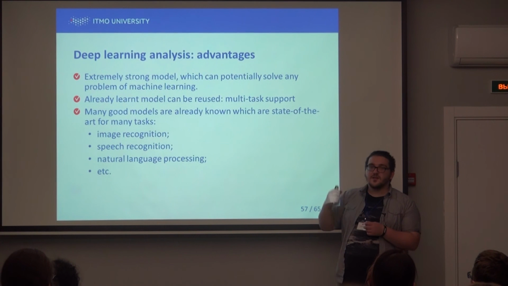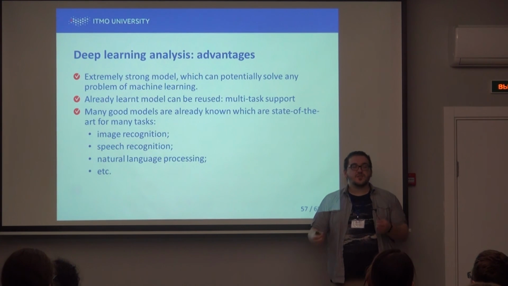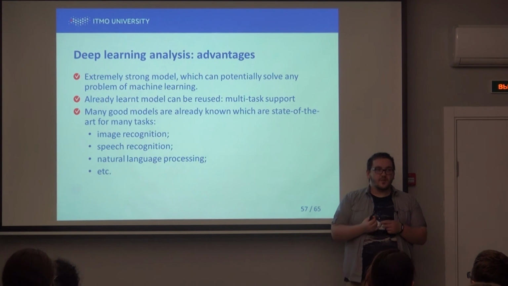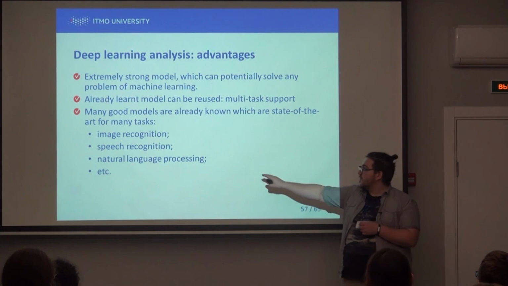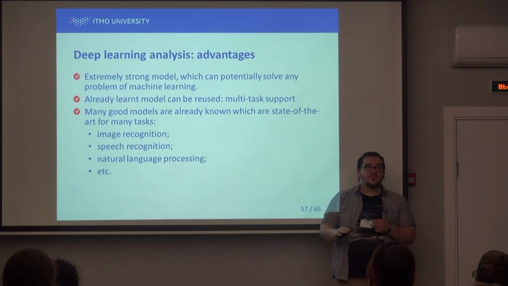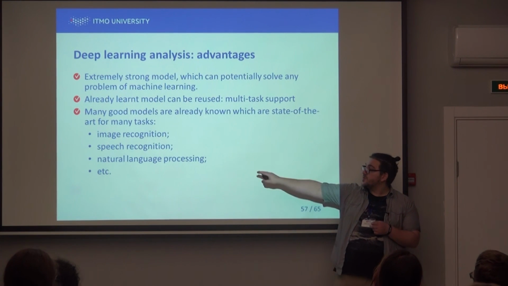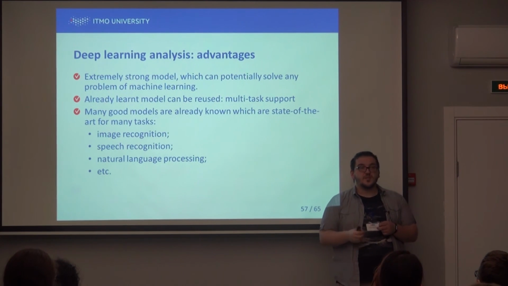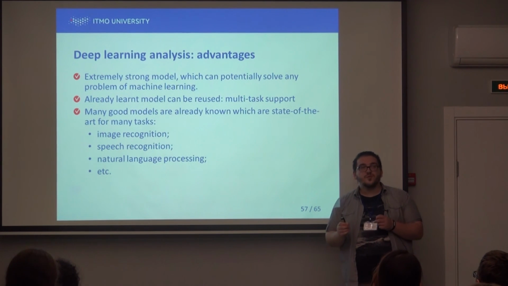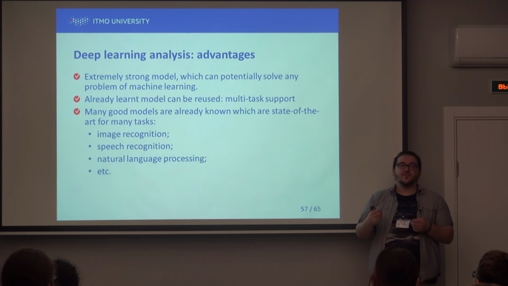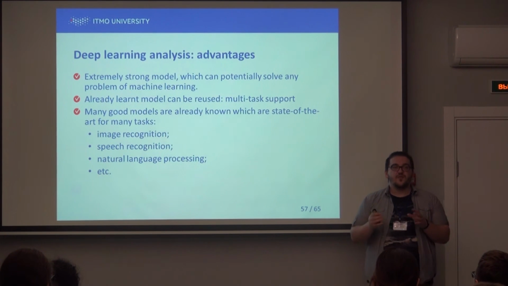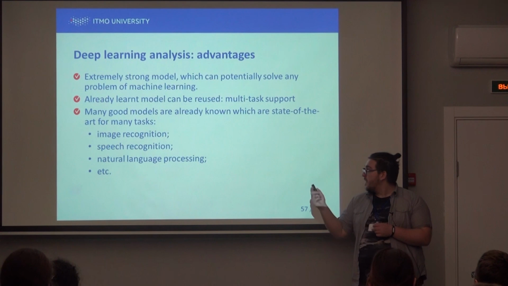Also, some types of architectures are very good at certain problems. And now, deep learning networks are state-of-the-art for lots of domains in machine learning: image recognition, speech recognition, natural language processing, and so on. So all multimedia should, in fact, be processed with deep learning. They are state-of-the-art for all the problems you can imagine.